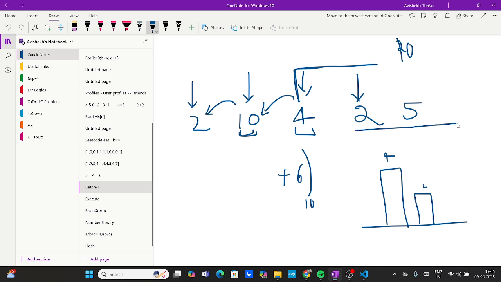Let's say you want to reach 10 here. Can I combine both and go 6 at a time? If I combine both and go 6 at a time, this 4 will reach 10, this 2 will reach 8. So I just need 2 more operations, and this is nothing but the difference between them.